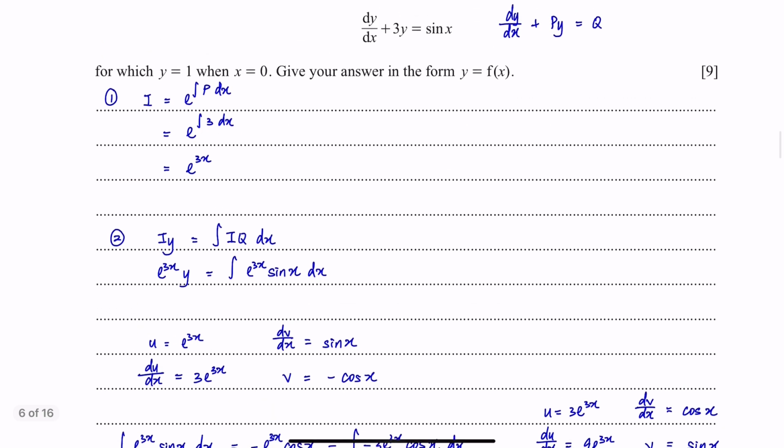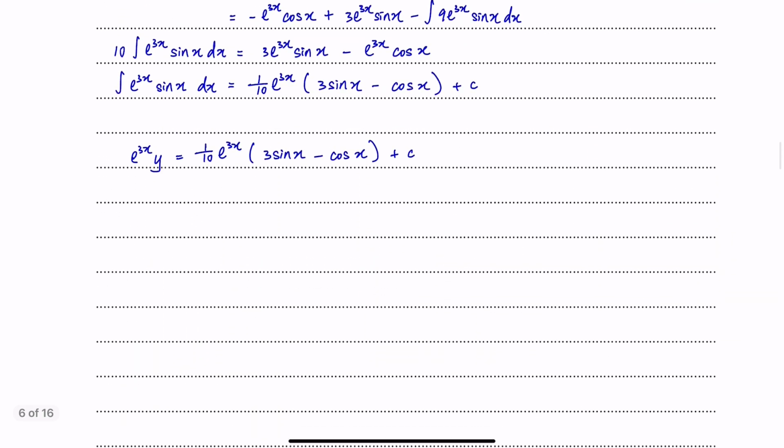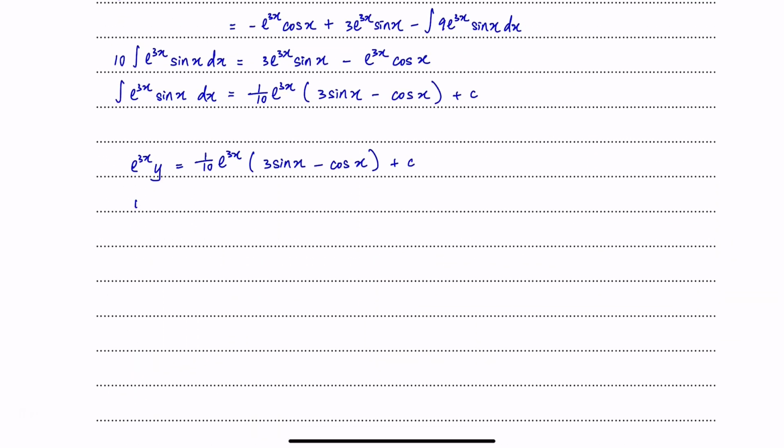So we have the info that y is 1 when x is 0. So we sub this into it. So we would get e to the 0 times 1 equals 1/10 of e to the 0 times (3 sine 0, which is 0, minus cos 0) plus c.